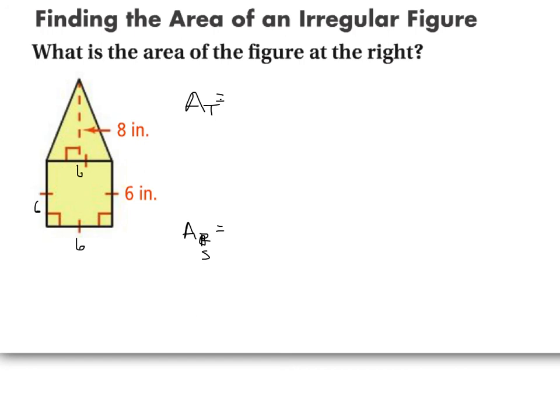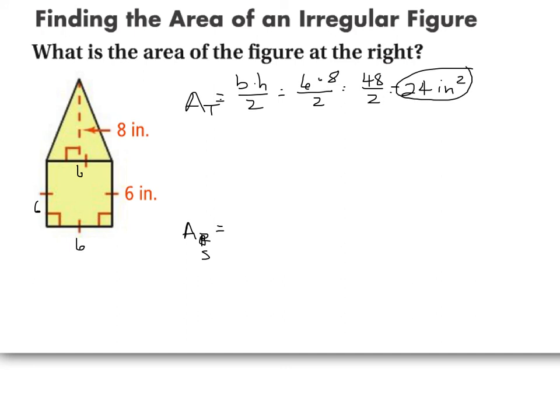So the area of the triangle is base times height divided by 2, which in this case the base of the triangle is 6. The height of the triangle is 8, and I'm going to divide that by 2. So this is 48 divided by 2, which is 24 inches squared. That's the area of the triangle.